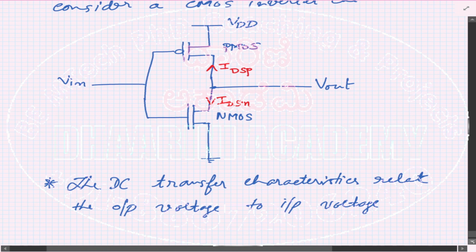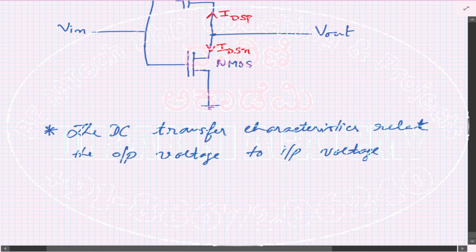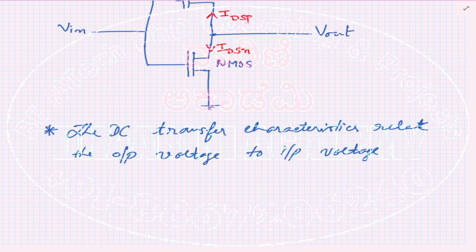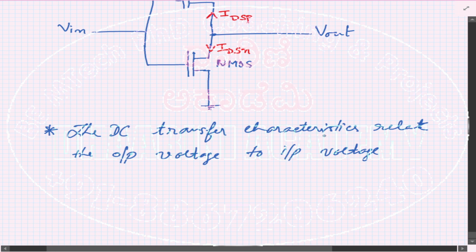Right now we are sticking to the PMOS and NMOS, but the term is common for any device. You try to relate the output versus input. You plot a graph.